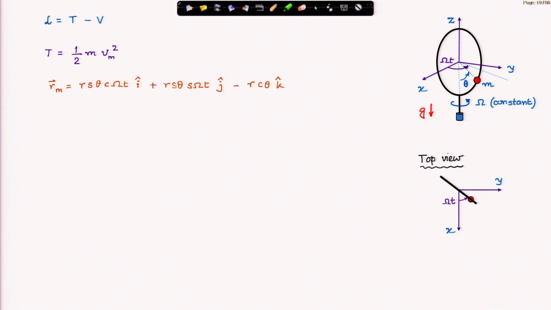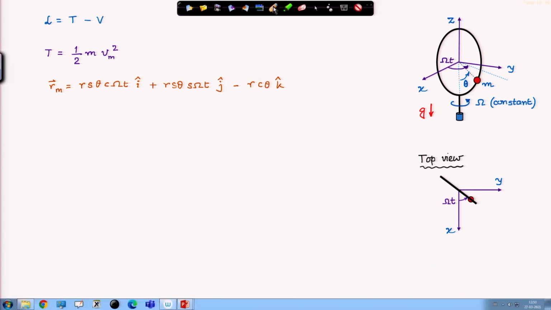Once again, I write down the position vector of the bead r m, and using standard geometry I can represent the x coordinate, y coordinate and z coordinate. So, I project the position of the bead on this line and take projections on the x axis and y axis.